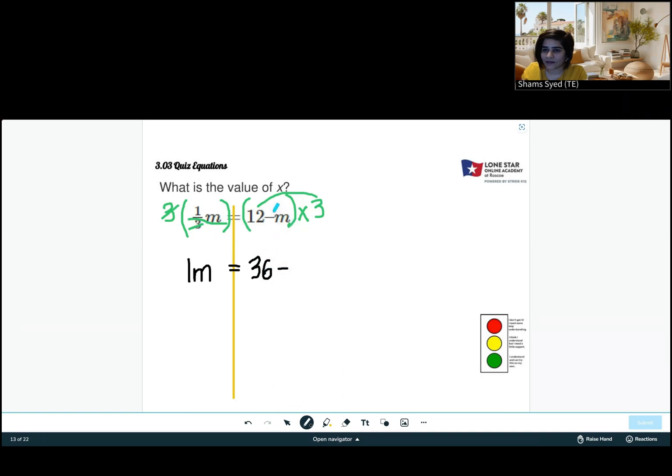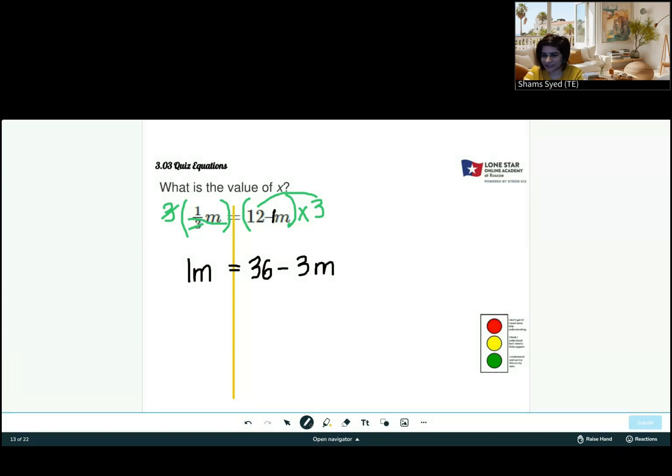M means there's 1m. How much is 1 times 3? It's 3. This is going to be 3m. Then it's going to be minus 3m.